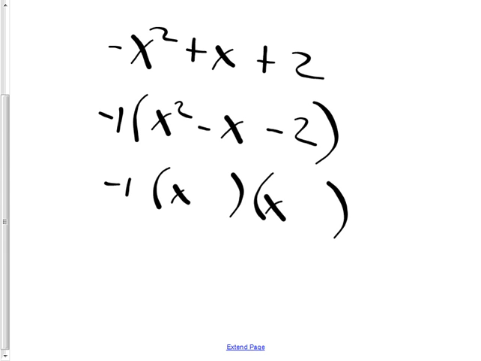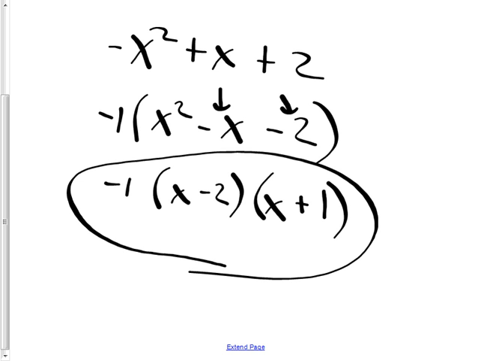What multiplies to negative 2 but adds to negative 1? Negative 2 and positive 1 multiplies to negative 2, and it adds to negative 1. There we go. There's the final answer, and that one's okay.